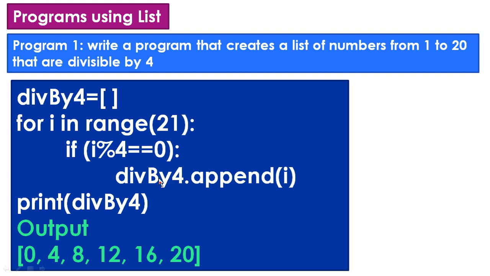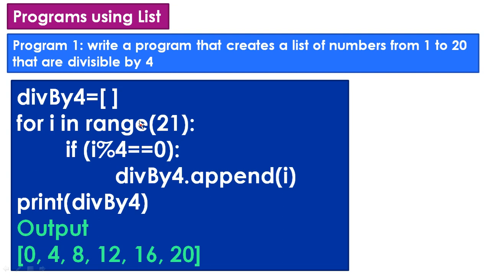That value is appended to the list by using the append function. We already saw this append function in the previous class. div by 4 dot append of i means the first value 0 is appended to div by 4. So we get the result here, div by 4: 0.